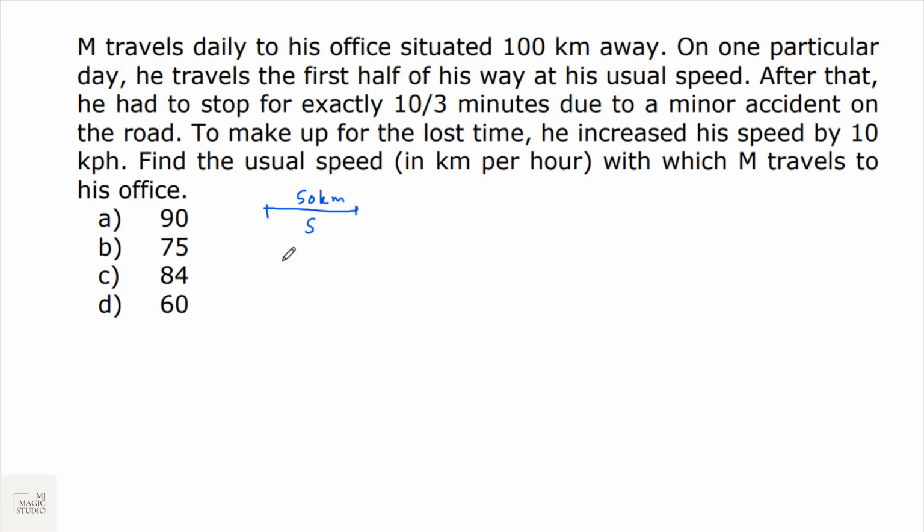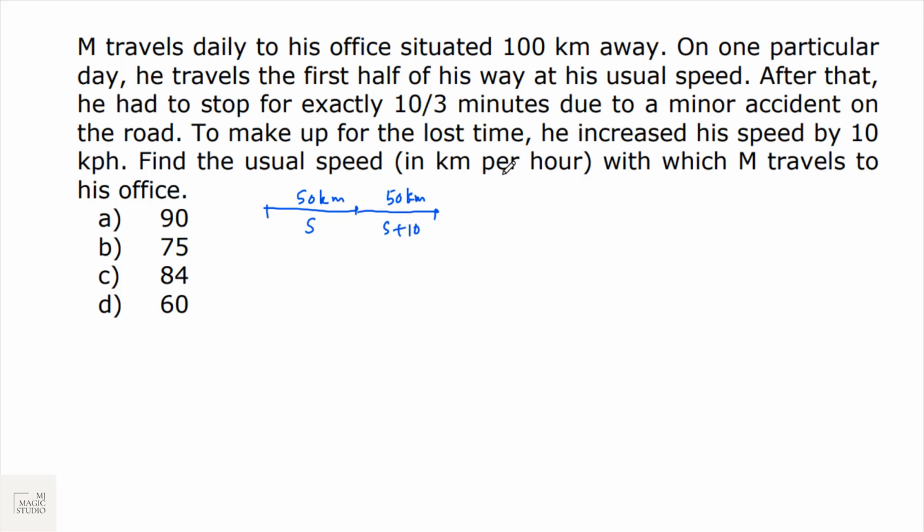Let his usual speed be S. After that, he had to stop for exactly 10 by 3 minutes due to a minor accident on the road. To make up for the lost time, he increased his speed by 10 kph. So the remaining distance he travelled at a speed of S plus 10.